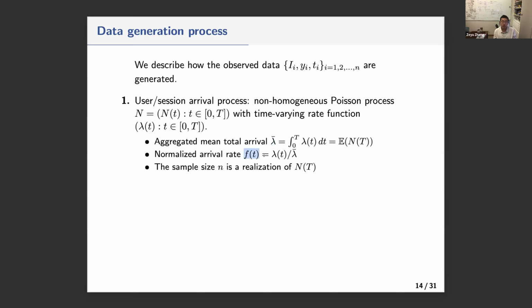And f(t) represents a normalized arrival rate, more of a density function that represents how likely it is that a user starts at a particular time of the week compared to other times of the week. One thing to note is that in this non-stationary setting, the sample size is viewed as a realization of the random variable denoting the total number of users arriving in the time horizon.